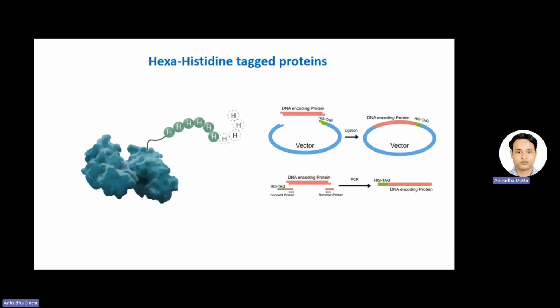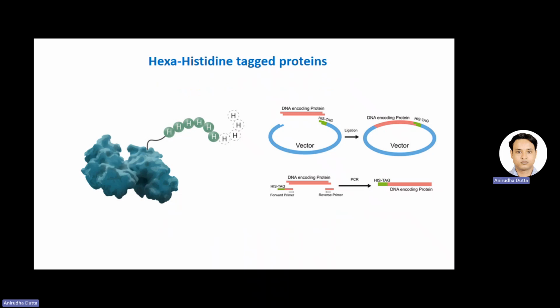The most efficient histidine tag contains 6 histidines, which is why we sometimes call it a hexahistidine tag. In some cases people still use 8, 9, or 10 histidines, but in general we normally use 6 consecutive histidine residues.